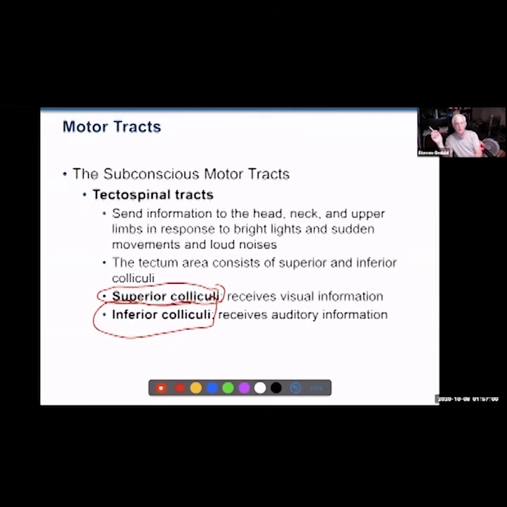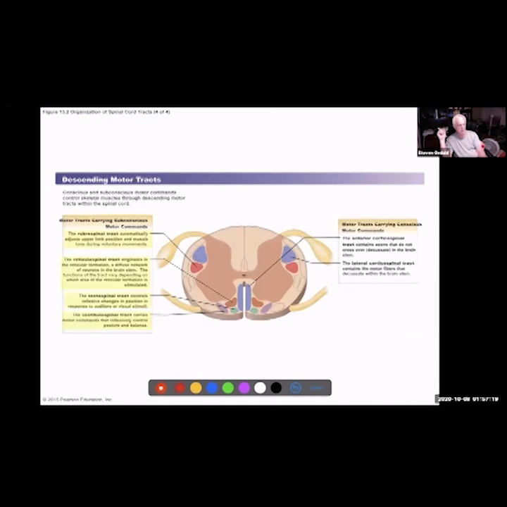So the superior colliculi receives visual information. The inferior colliculi receives auditory information. And the tectospinal tract allows the body to respond to that information subconsciously, to the sight of what you see or to the sound of what you hear, like those 2 control centers being activated. So these are motor tracts causing subconscious motor controls.